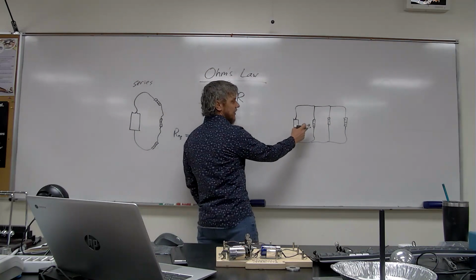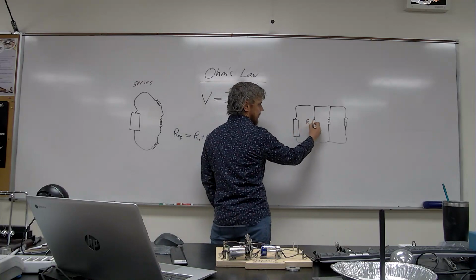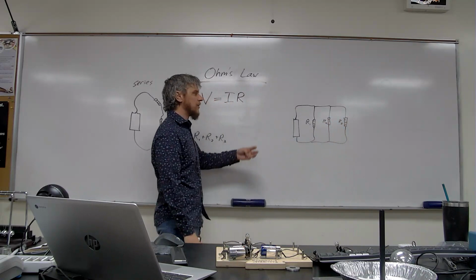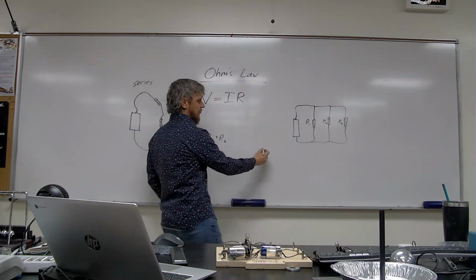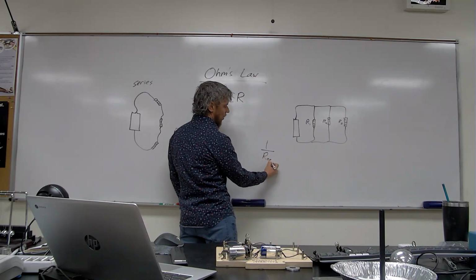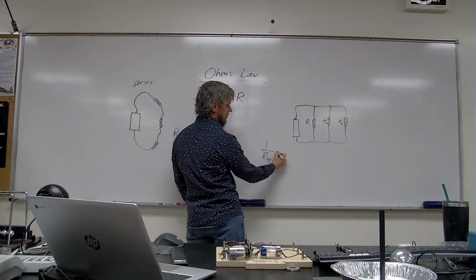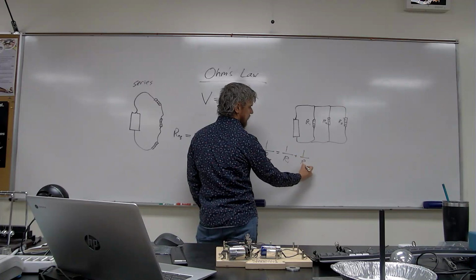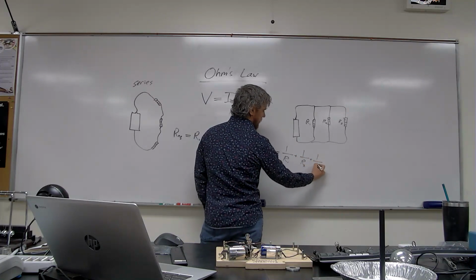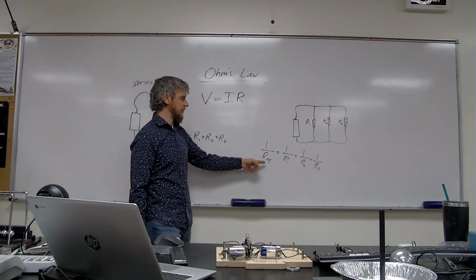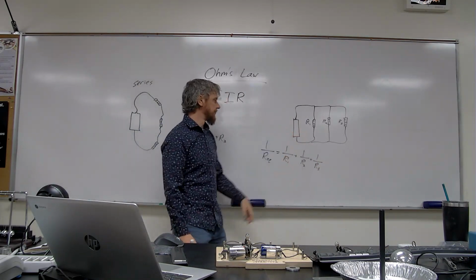But to deal with the resistances here, and again I should have labeled these over there. This is R1, R2, R3. To determine what the equivalent resistance is for this circuit, we have to use this inverse proportional relationship, where 1 divided by the equivalent resistance equals 1 divided by R1 plus 1 divided by R2 plus 1 divided by R3. Okay, that's the equation that we use to figure out the equivalent resistance for this circuit.